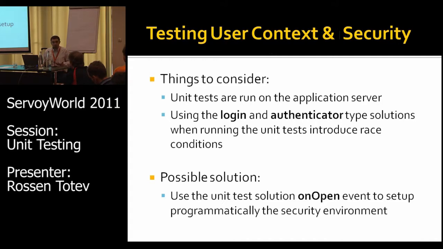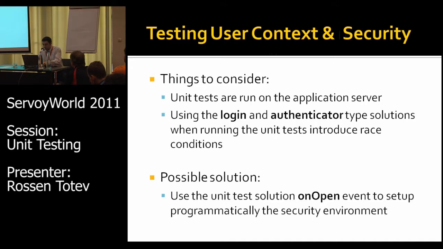Unit tests, when run, actually run within the Servoy Developer application server space, so they don't require login. So the behavior is a little bit different when you run unit tests. In order to simulate a runtime environment where you need a user context, one possible solution is to use the on-open method of the unit test solution to configure the required security context.